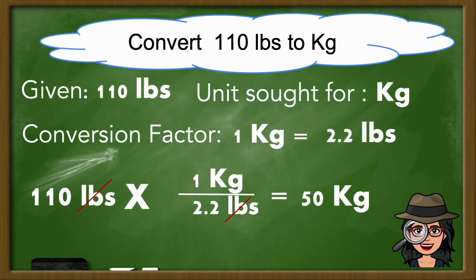Therefore, 110 pounds is equal to 50 kilograms. How was it, students? Were you able to familiarize yourself with the different steps in converting units? That's great. Try this another example.